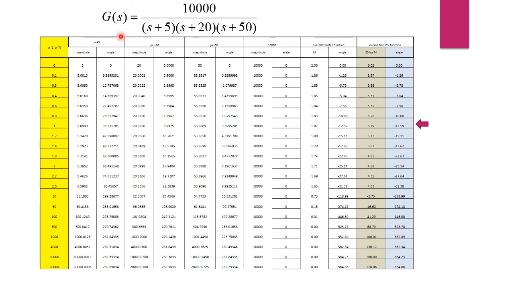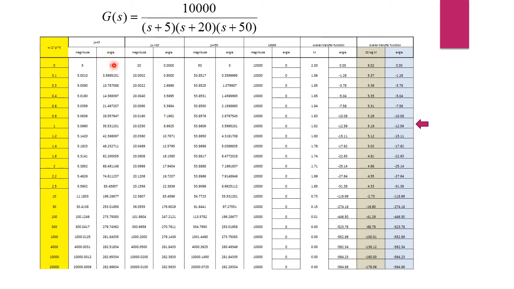Basically, now you have the terms here in the table. Here you have j omega plus 5, here j omega plus 20, here j omega plus 50, and here you have the numerator 10,000. For each term, what you need to do is find two things, the magnitude and the angle. How do you find the magnitude? Again, the magnitude uses the Pythagoras theorem. And how do you find the angle?